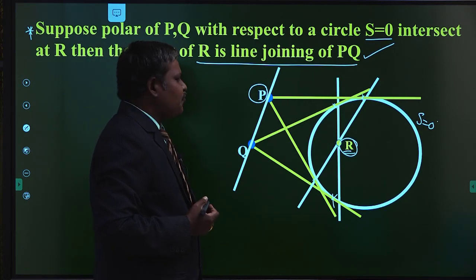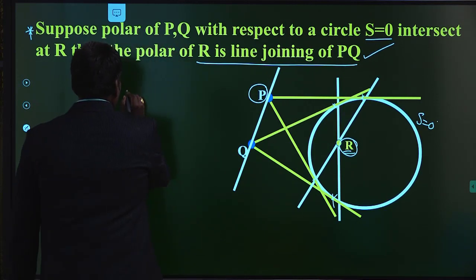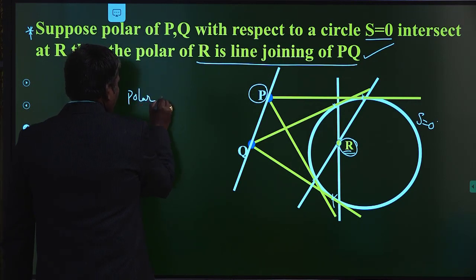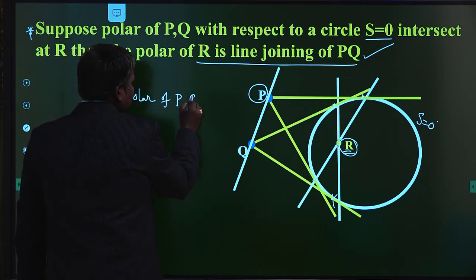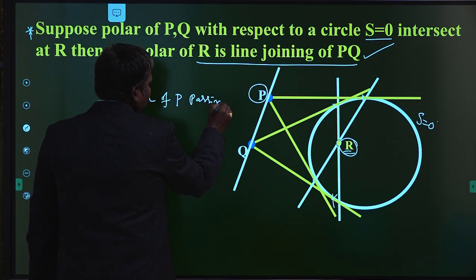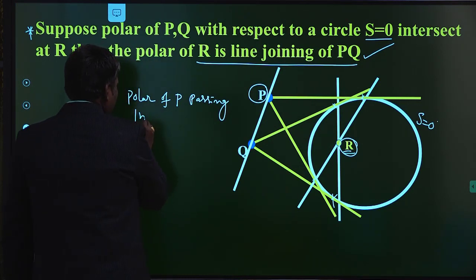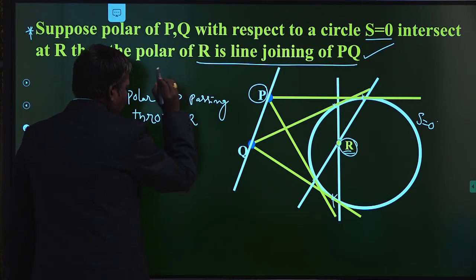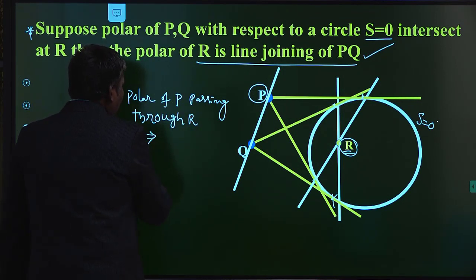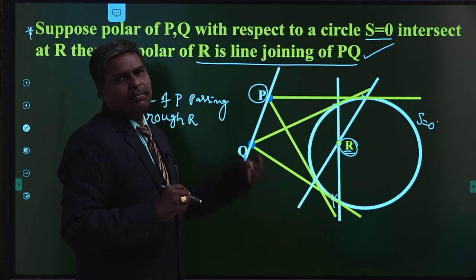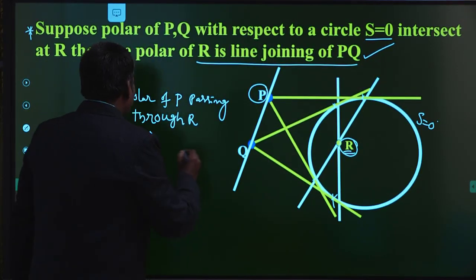Here the polar of P passes through R. Polar of P passing through R implies polar of R passing through P by the above note.